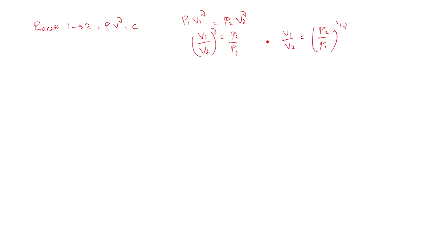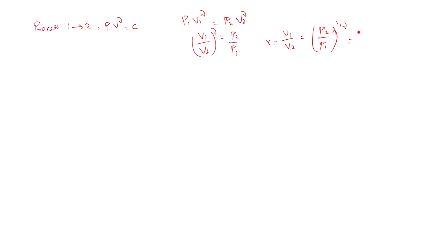We know that V1/V2 is going to be r, that is the compression ratio. Since we don't know the volume V2, we are going to use the other relation in terms of pressure, which is P2/P1. We know the values of P1 and P2 since they are provided in the question itself.